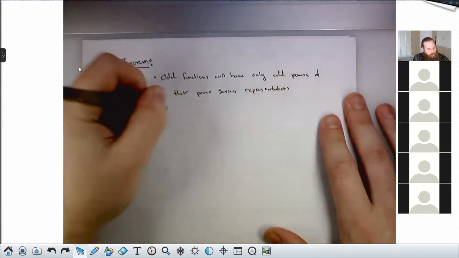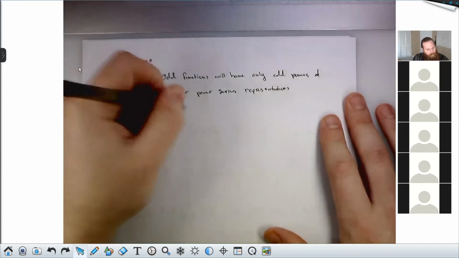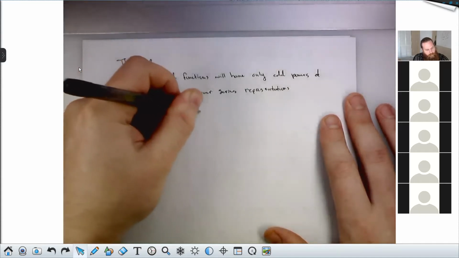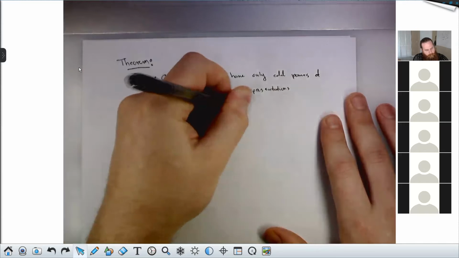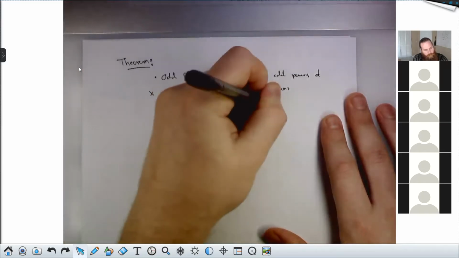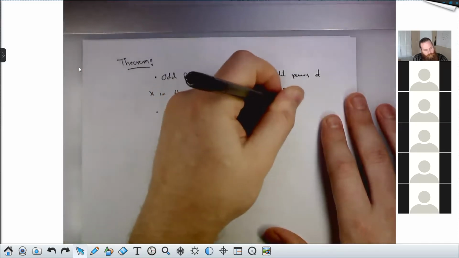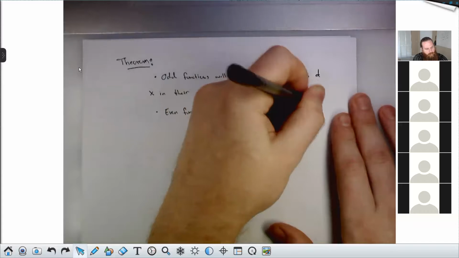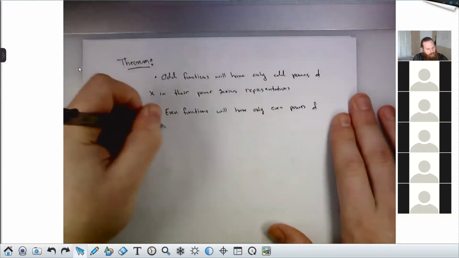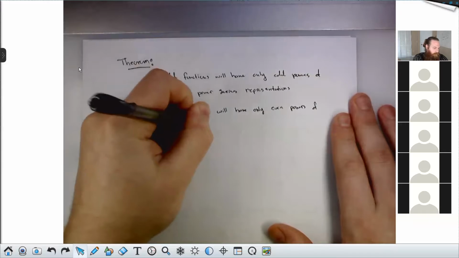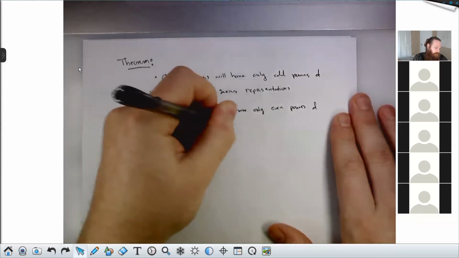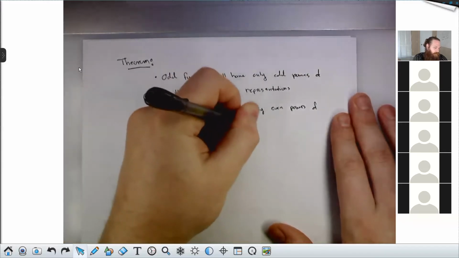And even functions will have only even powers of x in their power series representations.